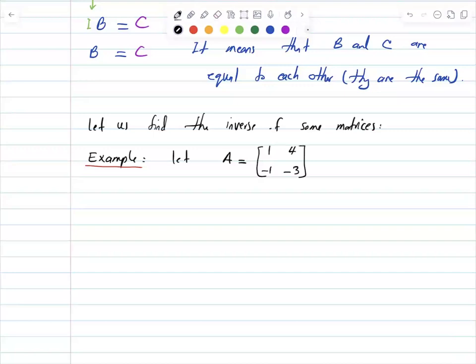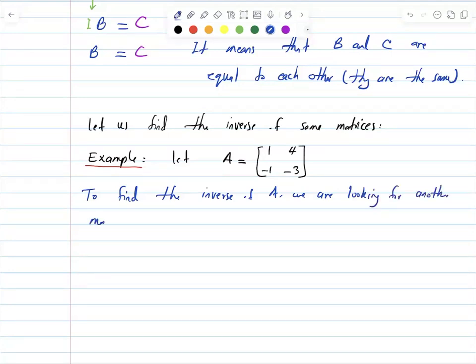We are looking for another matrix B that has a, b, c, d as its entries.